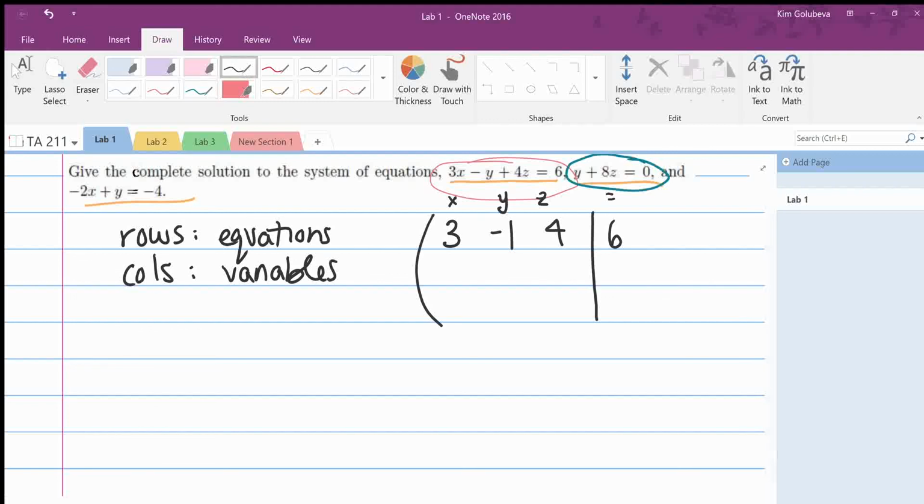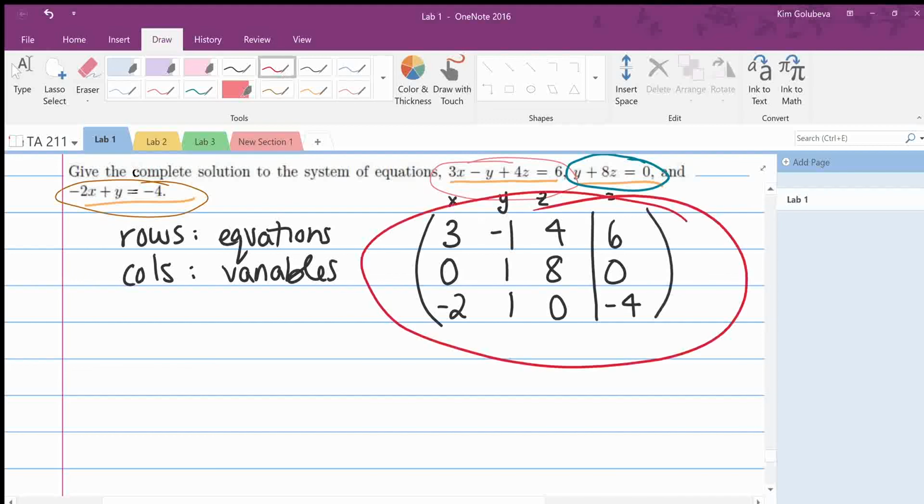So we see that we have 0x, we have 1y, and we have 8z, and it's equaling 0. Okay, and last equation here, we have negative 2x plus 1y and 0z equaling negative 4. So right here, this is our matrix. This is our system of equations that we are trying to solve. Okay?